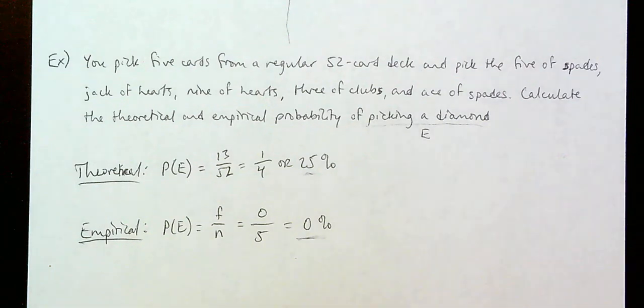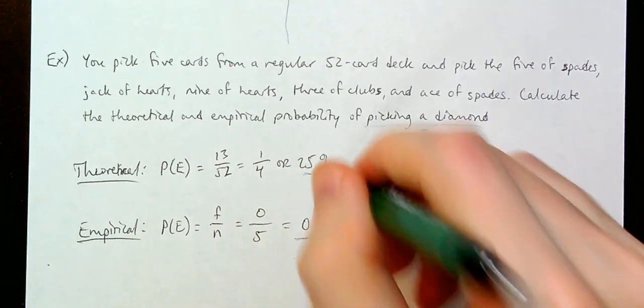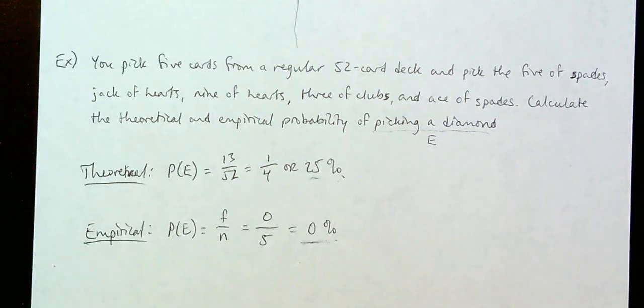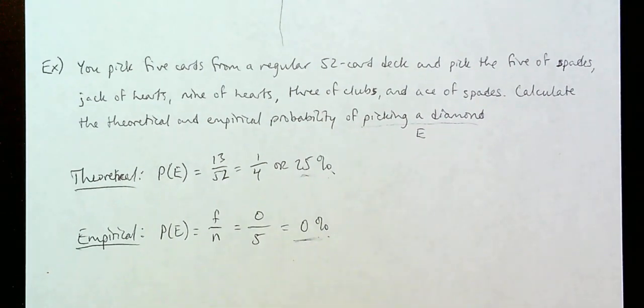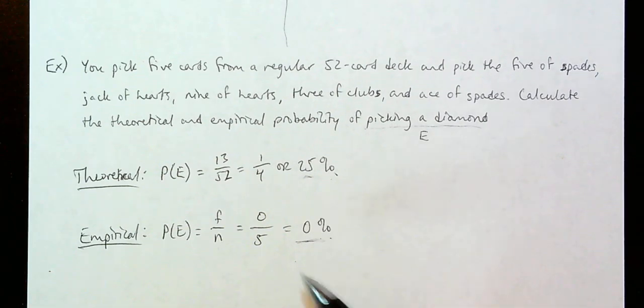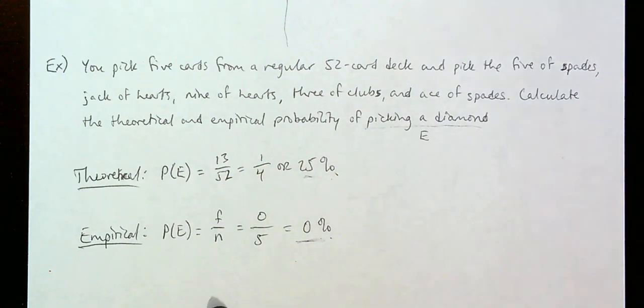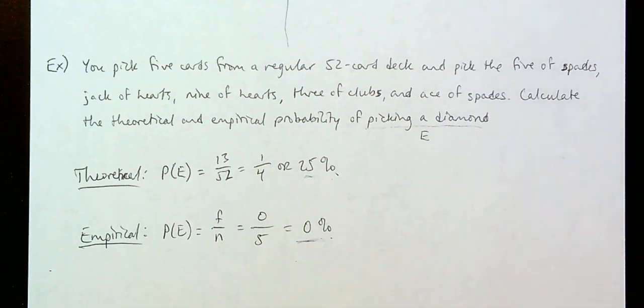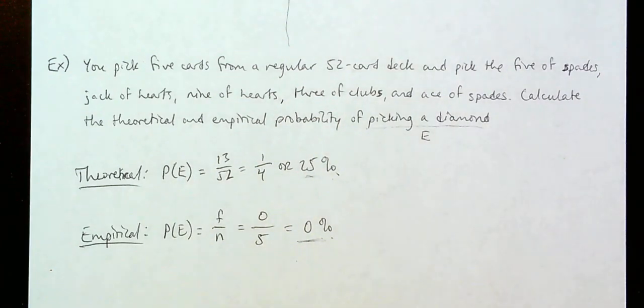Because there's only 52 cards in the entire deck, we'd only have to do 52 trials, and at the end of those 52 trials, these two probabilities would be exactly the same thing. But the more and more cards we pick, the more and more diamonds we are going to have. And when it's all said and done, once we've picked all the cards, we will have picked 13 diamonds out of a deck of 52 cards, and our empirical and theoretical probabilities will be exactly the same.